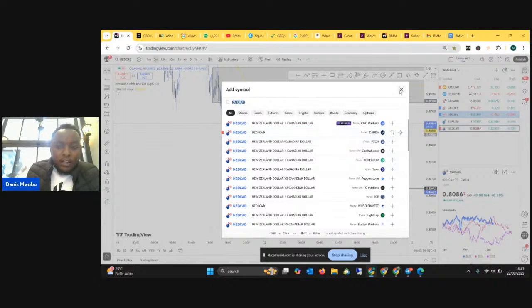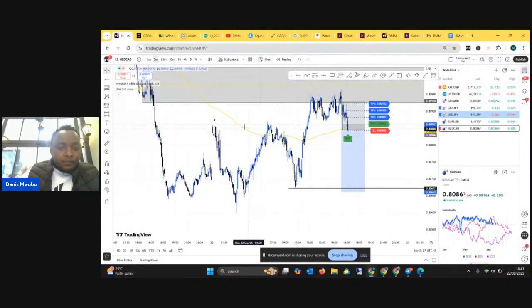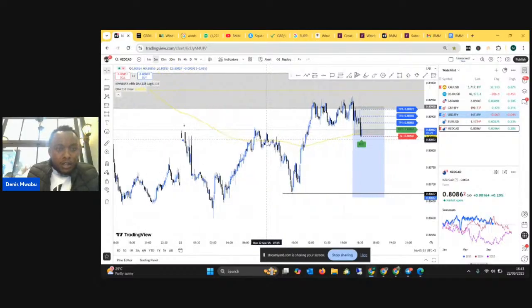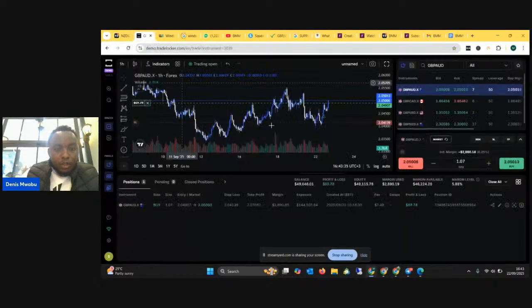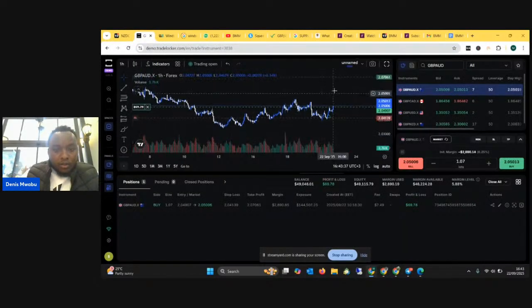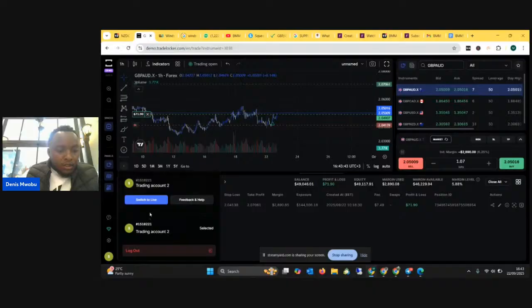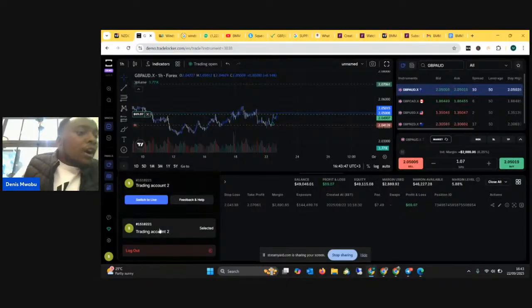So NZD CAD is our other immediate trade. And guys, you'll notice something. I usually distribute my trades across my different accounts. In the morning, this was the first account that I took my trade on, so I will not take any other trade on this account. So I'm going to shift to another account. That is the important thing about having different trading accounts, right?